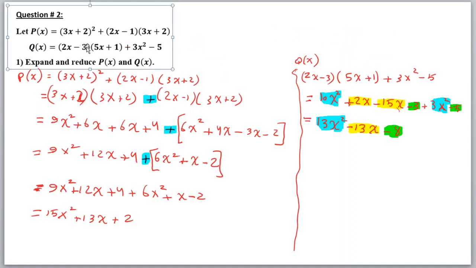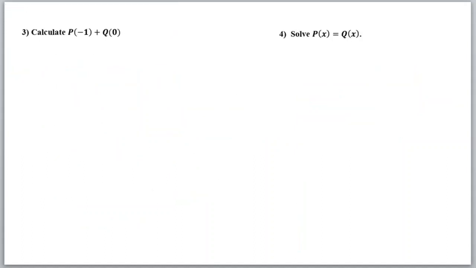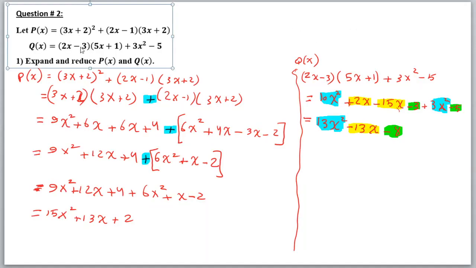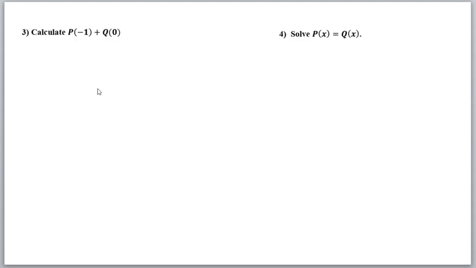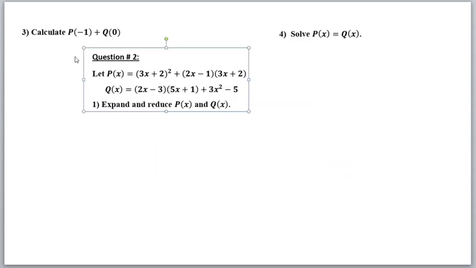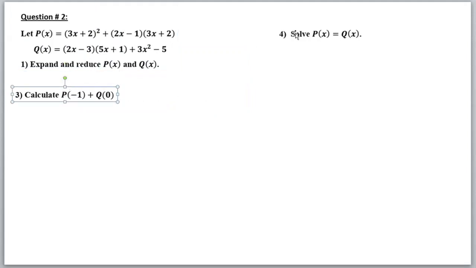Let me copy all the question here and put it here. So you need to calculate p of minus 1 plus q of 0.